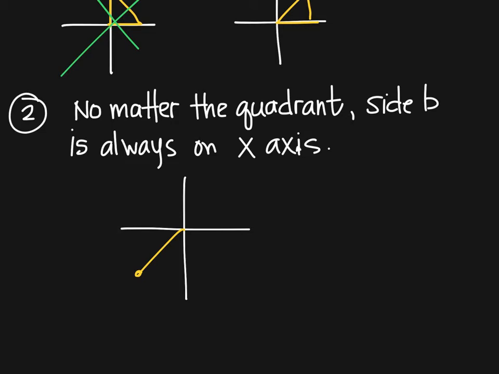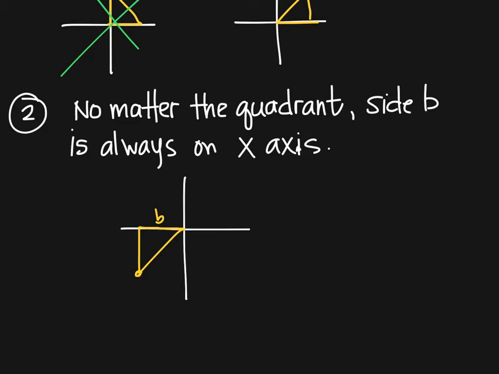You need to draw it in such a way that side B is sitting on the x-axis. So it would not look like that. Rather, it would look like this, so that side B is sitting on the x-axis. All right, so guideline 1, the hypotenuse has to connect the origin to a point out in the quadrant. Guideline 2, side B needs to be on the x-axis.